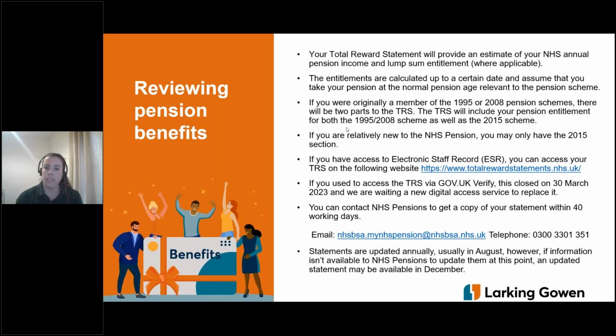Statements are usually updated once a year, normally around August. But if for any reason there was missing information, it hadn't quite been captured at that point, then there's normally a second refresh in December. Now, the issue that GP partners have is the delay in this information being uploaded. If we're looking at March 2022, you would do your pension certificate, as Liz has just spoken about.